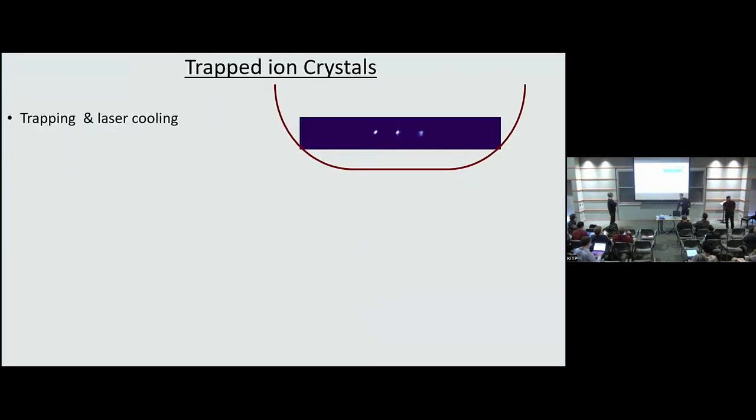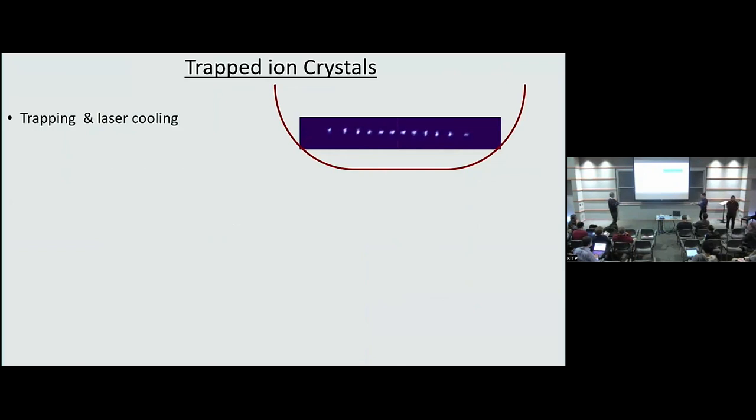This one? Yeah. I'm wondering, maybe it's trivial, but is the principal axis of the trap along the rectangle or along the ions? Or are they just placed sideways a little bit because of Coulomb interaction?